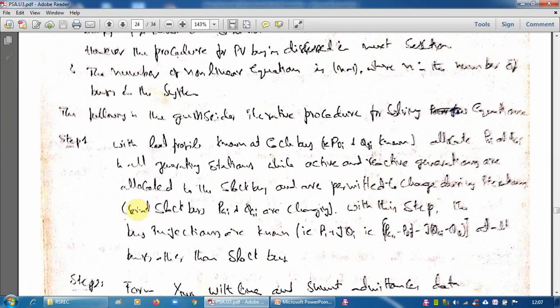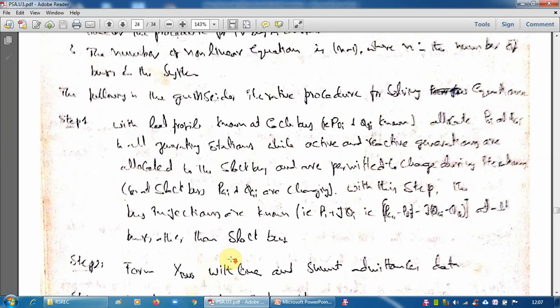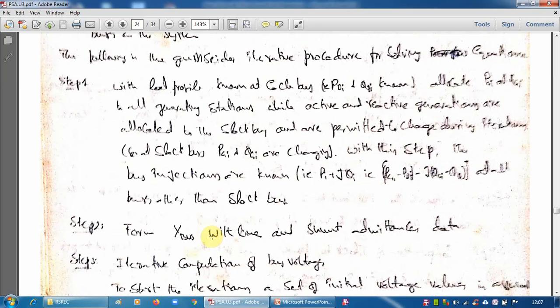Next, the procedure of the Gauss-Seidel method. Step 1: with the load profile known at each bus and all the data known, that means for all the load buses, as we consider all the load buses, we assume that P and Q are known at all the buses, and at the slack bus V and delta are known.